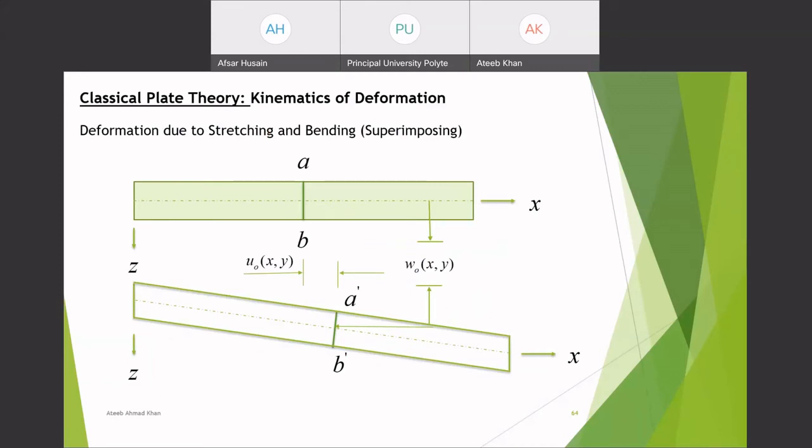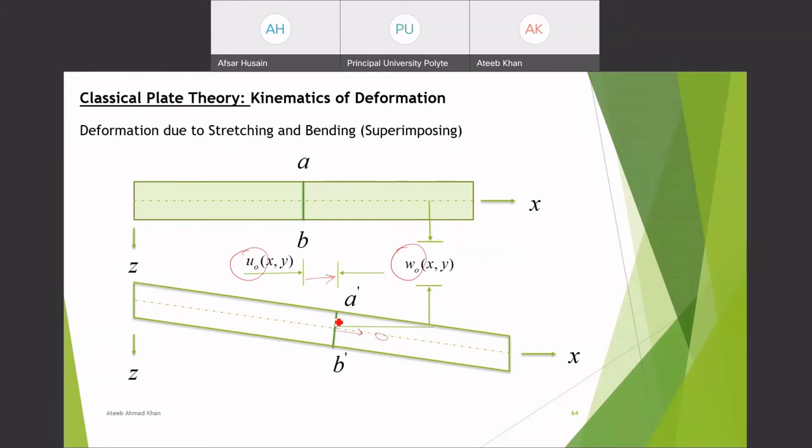So what are the things which are happening simultaneously? Your transverse normal is getting stretched in the positive x direction by a magnitude u naught, and it is getting translated downwards by a magnitude of w naught in the positive z direction, and it is also getting rotated about this point o.